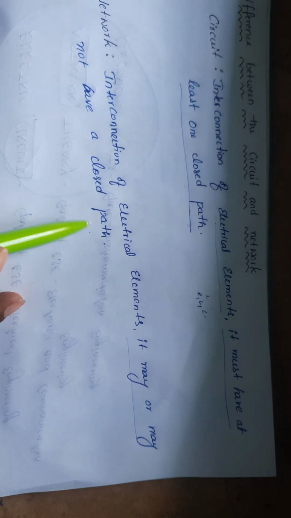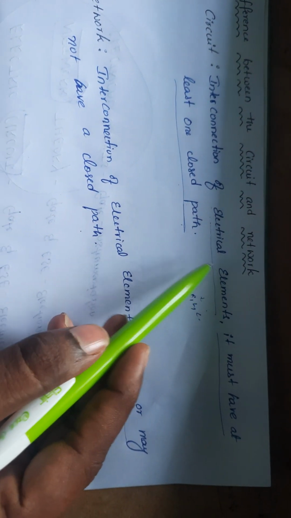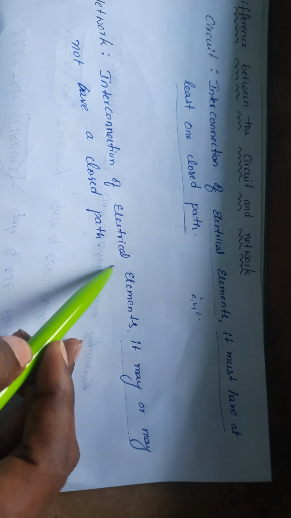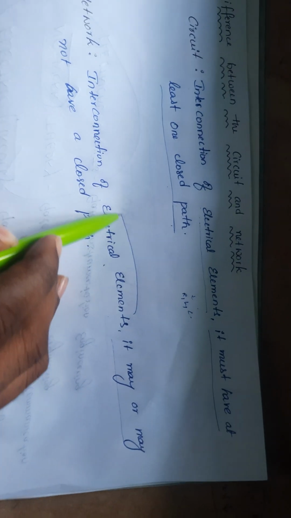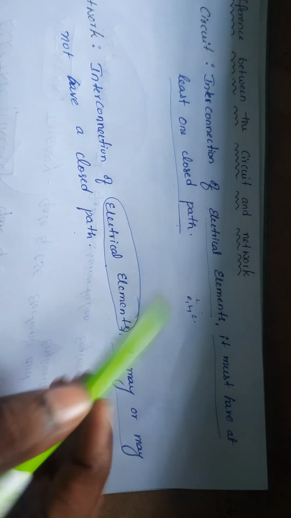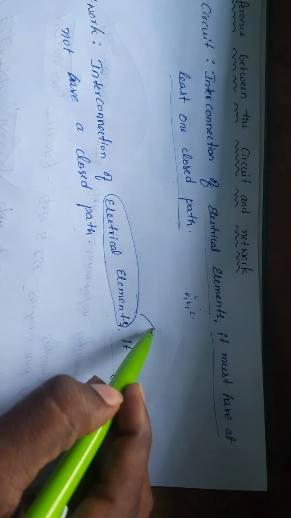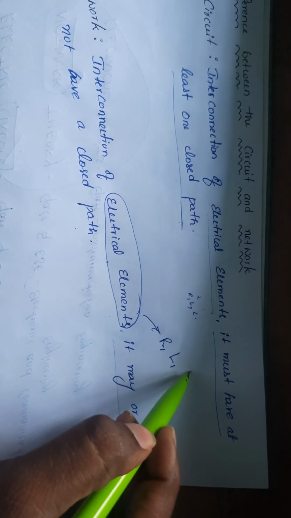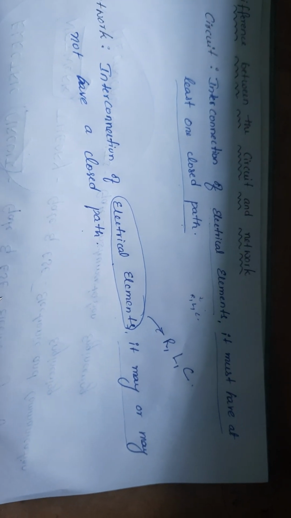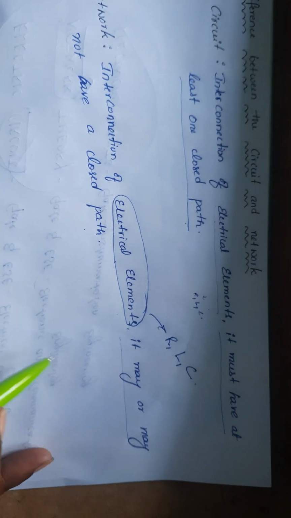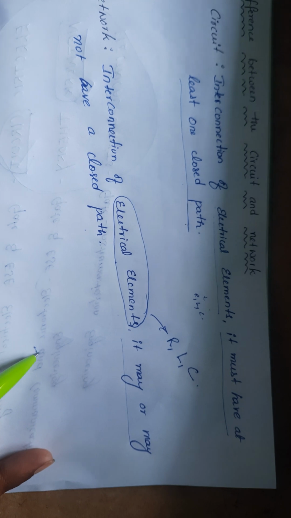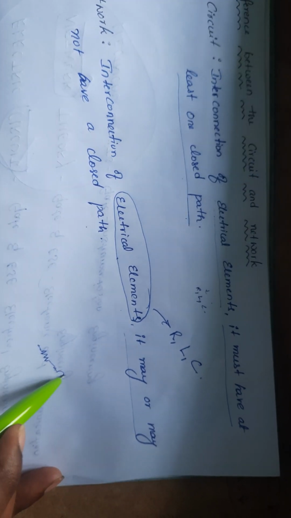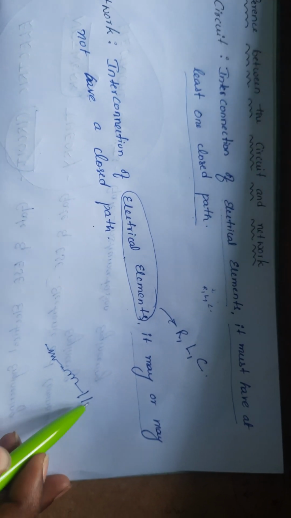Both have an interconnection of electrical elements. Here, what are the electrical elements? Electrical elements are resistor, inductor, and capacitor. Interconnection means connection.